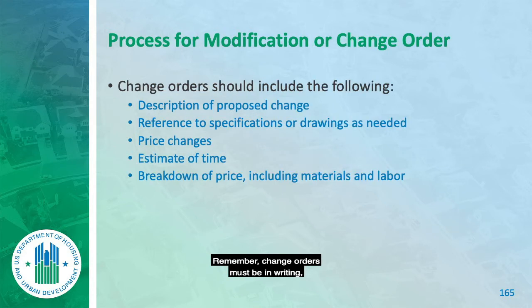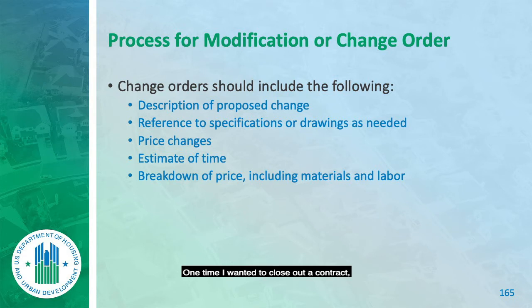Remember, change orders must be in writing, must describe the change in full, whether there's a value or not, and must make references to the specifications and drawings. You must tell everybody the story, everything that's occurring and why it's being done. Time, breakdown, price, everything. One time I wanted to close out a contract. However, the contractor said, I have some claims.